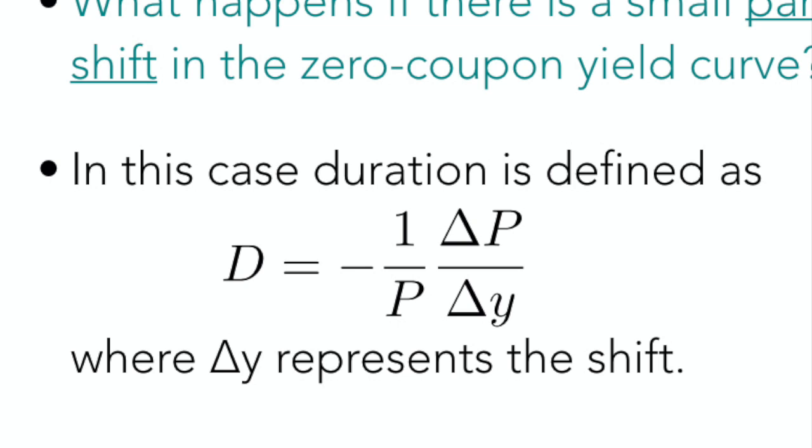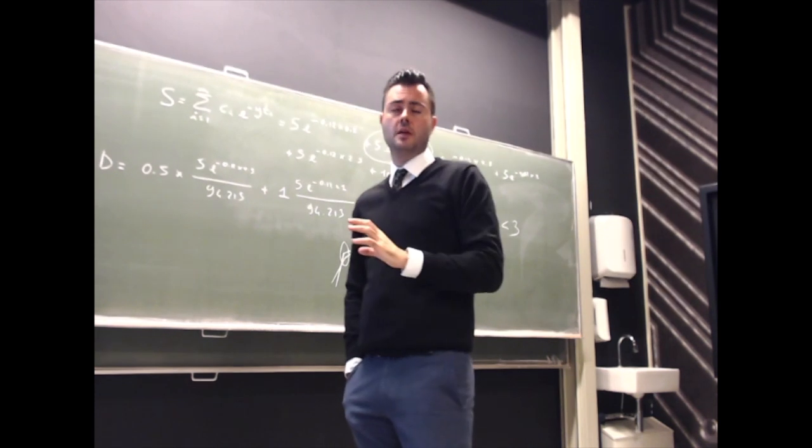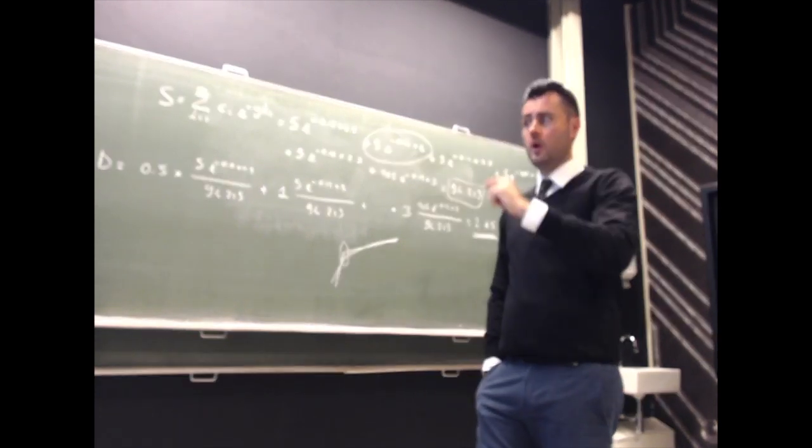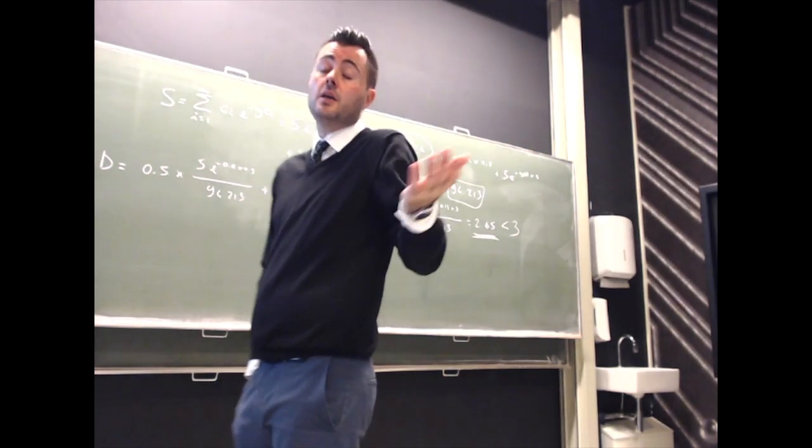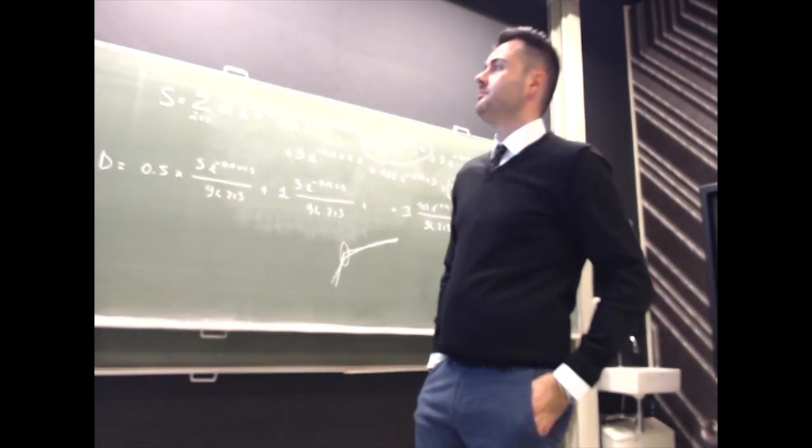Now, if I consider the duration of the portfolio, by simply applying the definition of duration, it's minus 1 over P instead of S. S was the price of an asset. P is the value of the portfolio. It's minus 1 over P, delta P over delta Y, where delta Y is exactly this shift I am assuming or that I observe, okay?